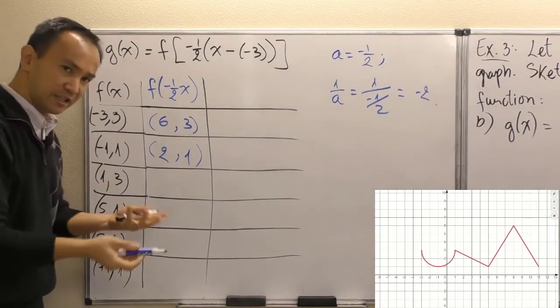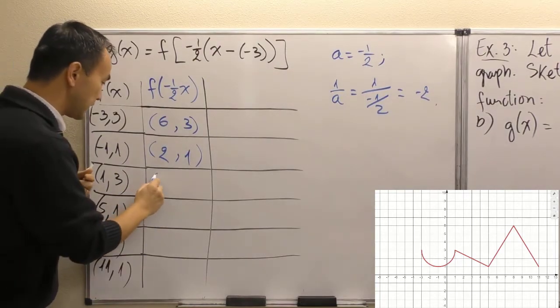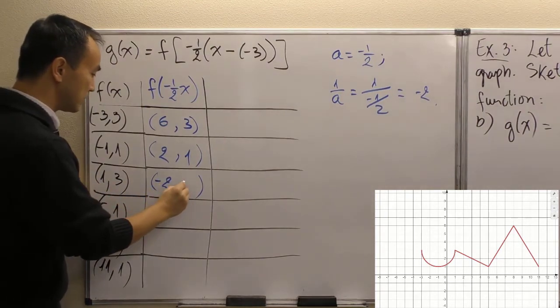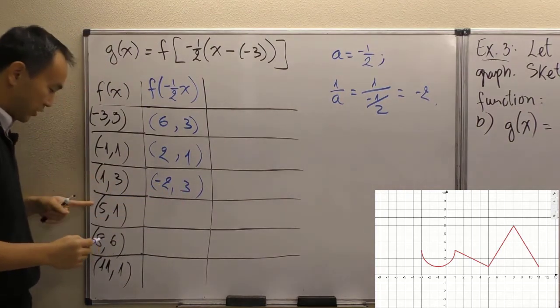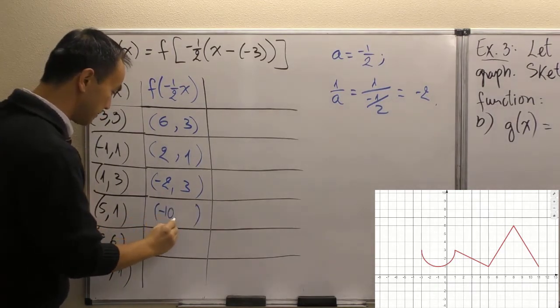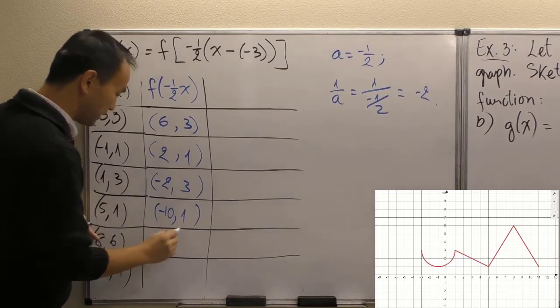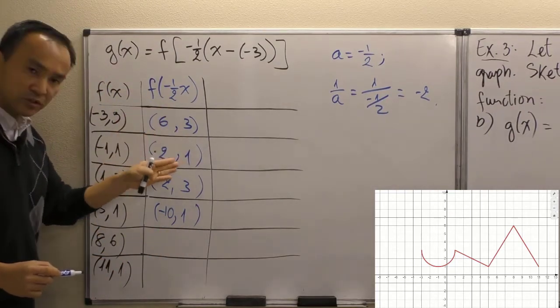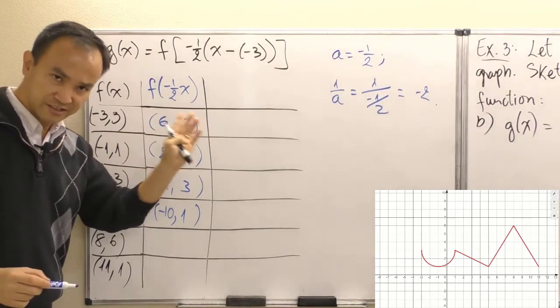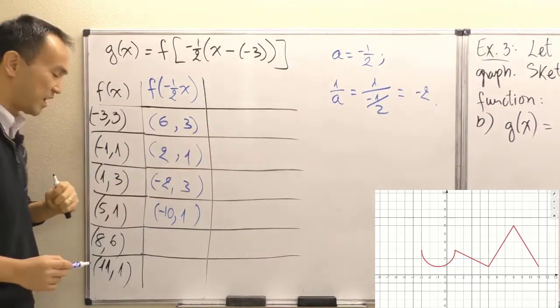Now I can start picking up the pace a little bit. This next point, 1, comma 3, is transformed into -2, comma 3. Then 5, comma 1 is transformed into -10, comma 1. Nothing is done to the y value. Again, I emphasize that when we're working on anything horizontal, nothing is done to the y value.